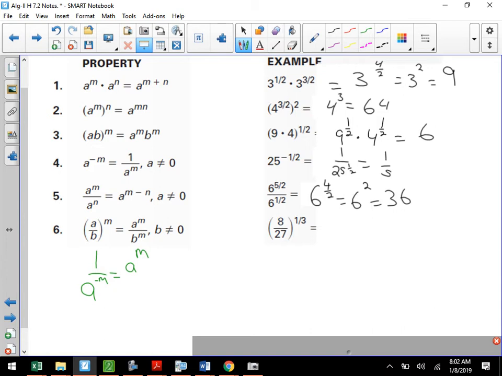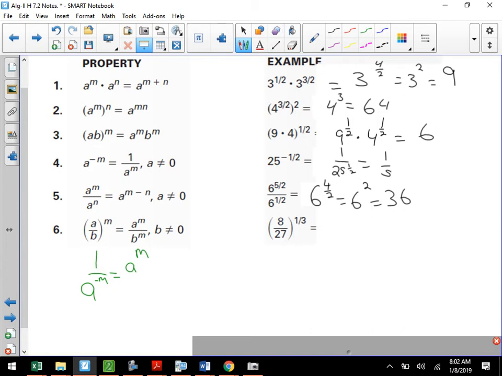Again, that just means we're going to distribute, if you will, the exponent to both the numerator and the denominator. And you actually probably did this last year. Remember when you guys did similar areas, similar volumes, where you had to take square roots or cube roots? This is one of those things.